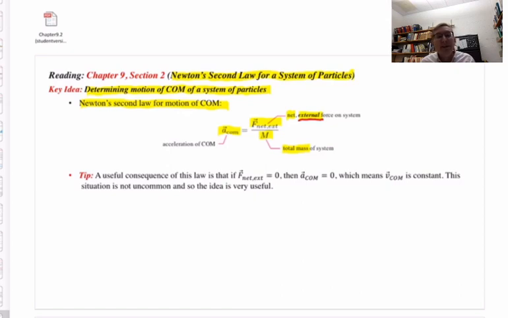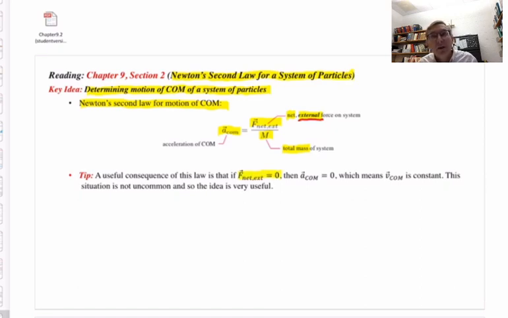Now, let me give you a tip for one of the ways that this formula is useful. So here comes our first useful consequence of this Newton's second law for the center of mass. Suppose you have a situation where the net external force on your system is 0.